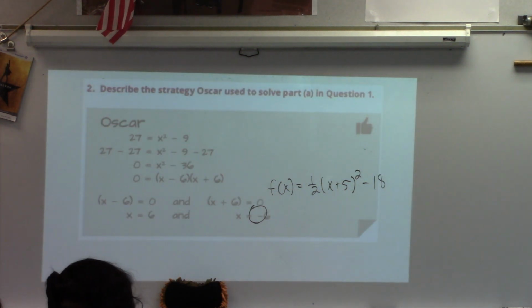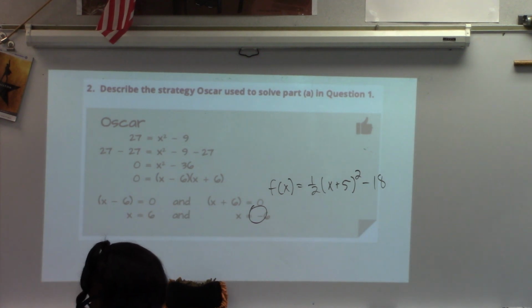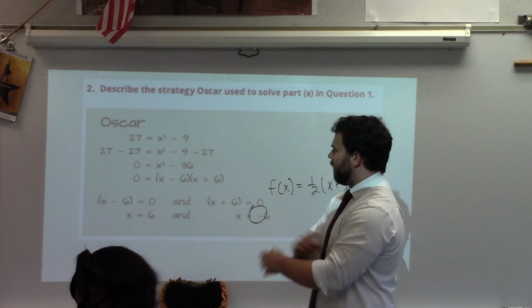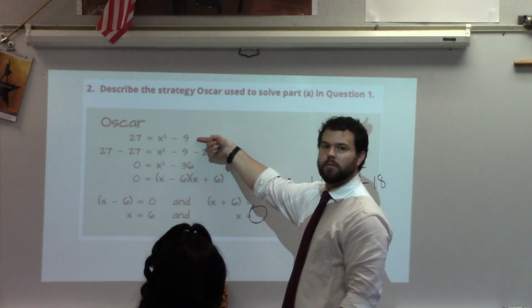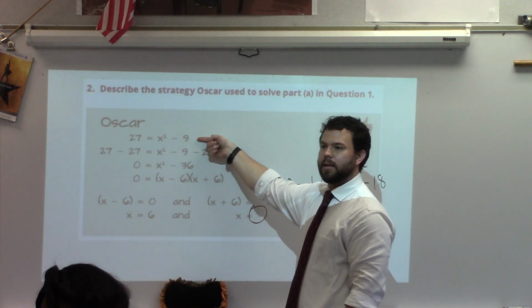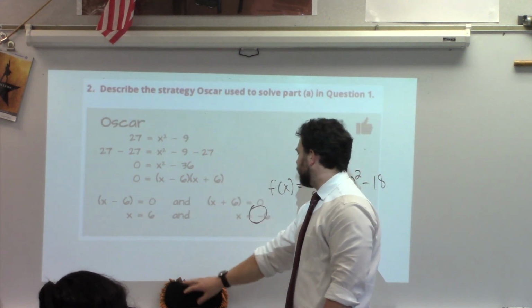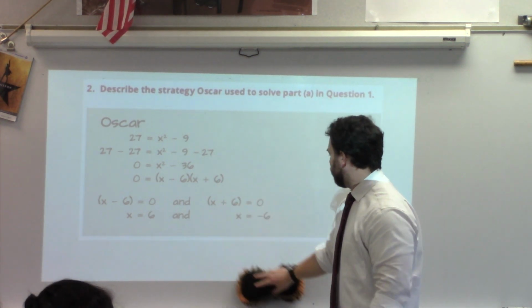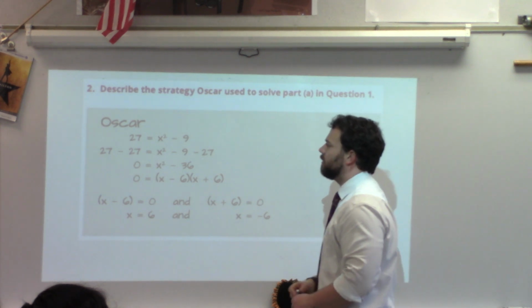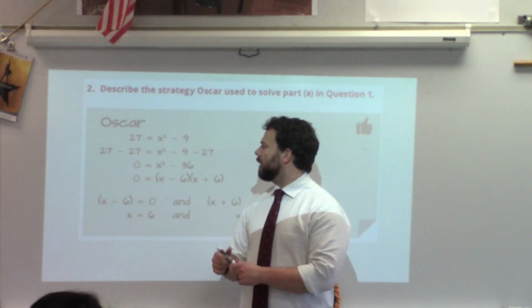Because number 2 here, right? Oscar used a very different strategy for part A. What did we do at this point? We added 9 to both sides, right? So we could then take the square root. What did Oscar do? That dude subtracted 27. Okay, first off, why did he subtract 27?